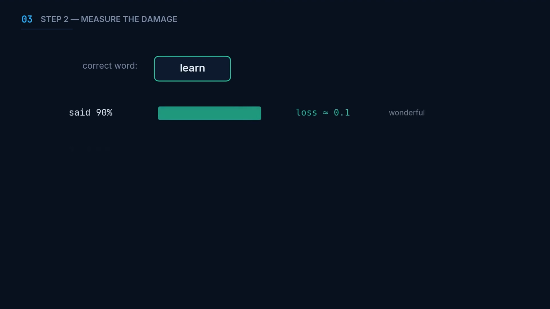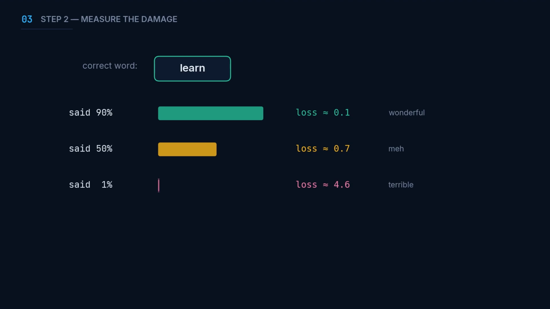Step 2. Measure the damage. For each training example, we look up one single number, the probability the network gave to the correct word. Suppose the answer was learn. If the network said 90%, wonderful. If it said 1%, terrible.